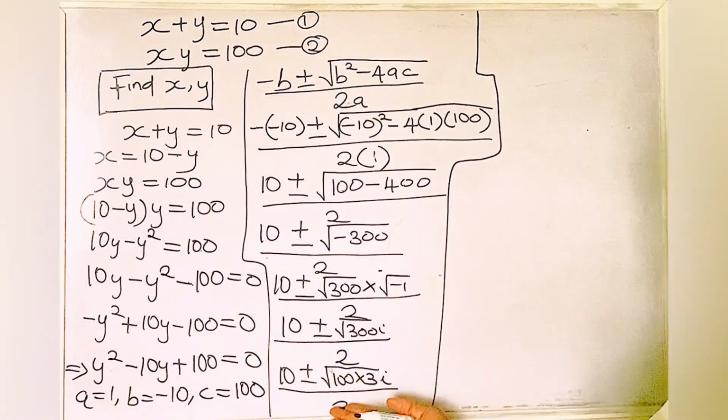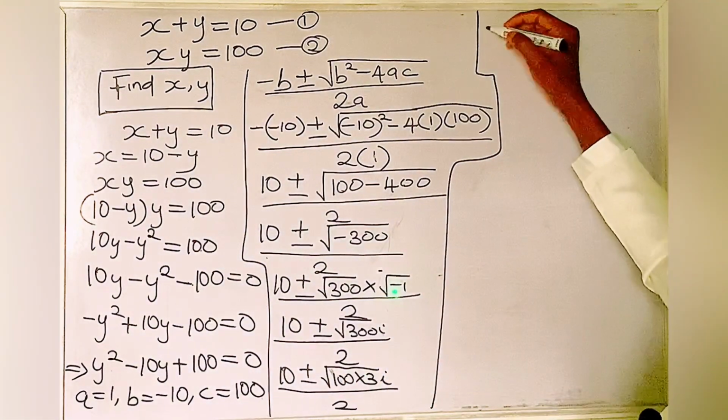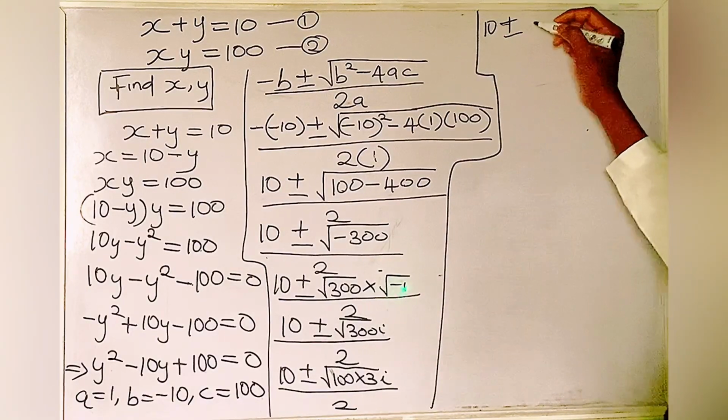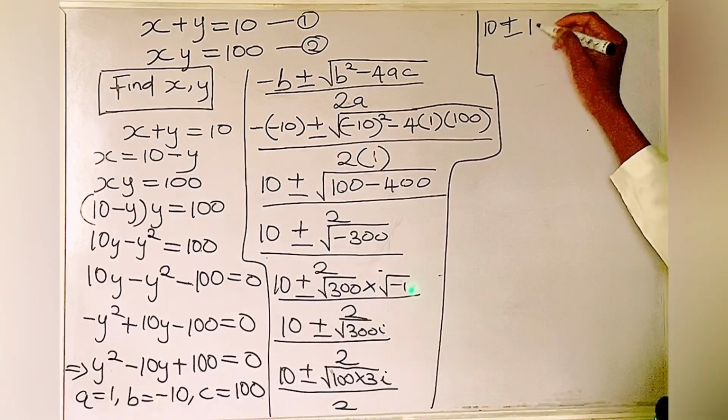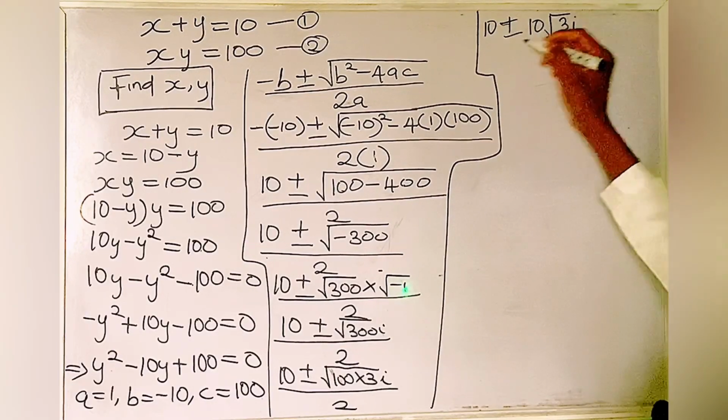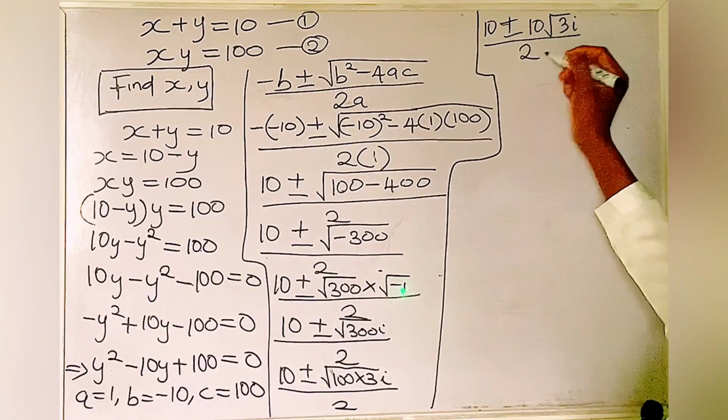Now this becomes 10 plus or minus the square root of 100, which is 10, root 3i over 2.